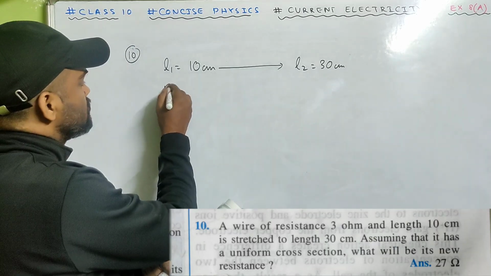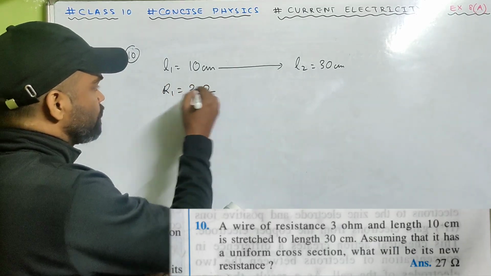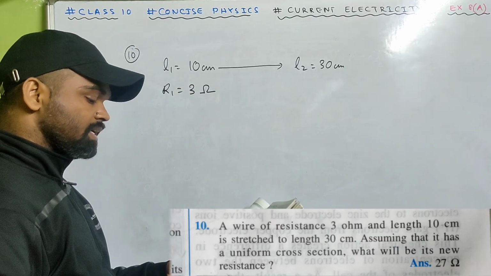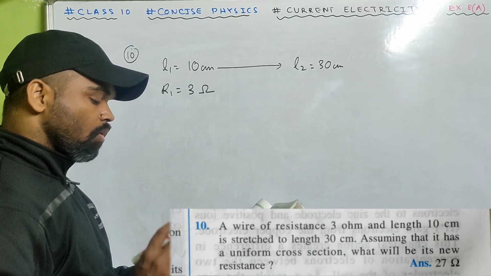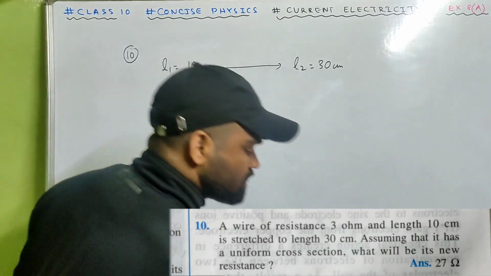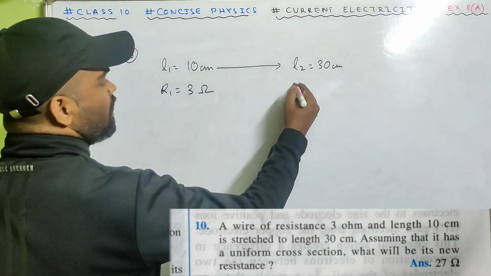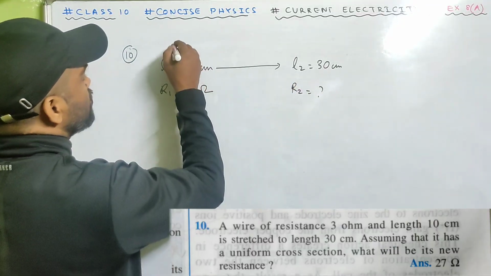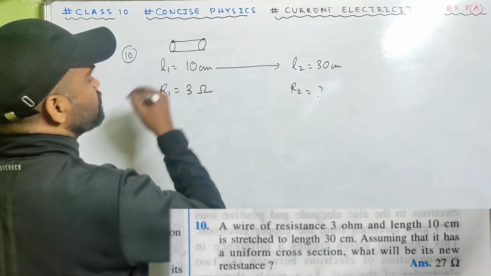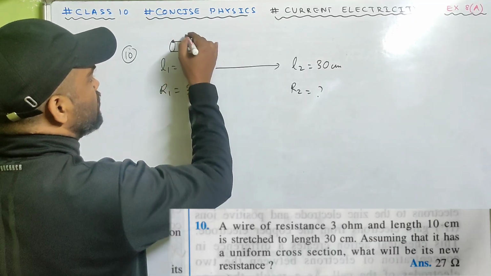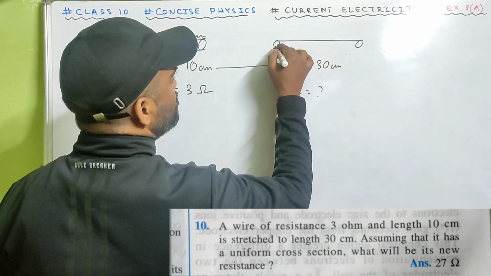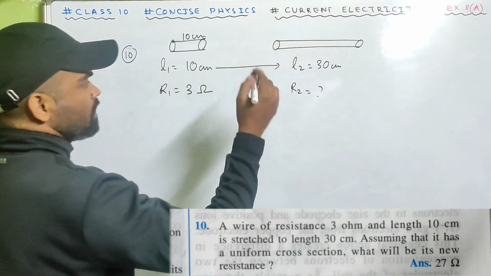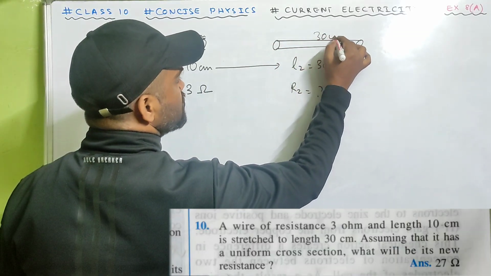And the resistance was given as 3 ohm when the length was 10 centimeter. Assuming that it has a uniform cross section, what will be the new resistance? Which means they asked R2. Now this was your wire of length 10 centimeter. You triple it. The length becomes 30 centimeter.